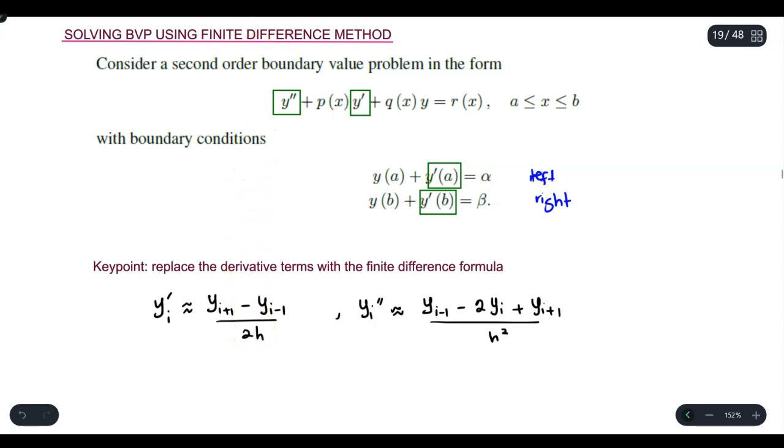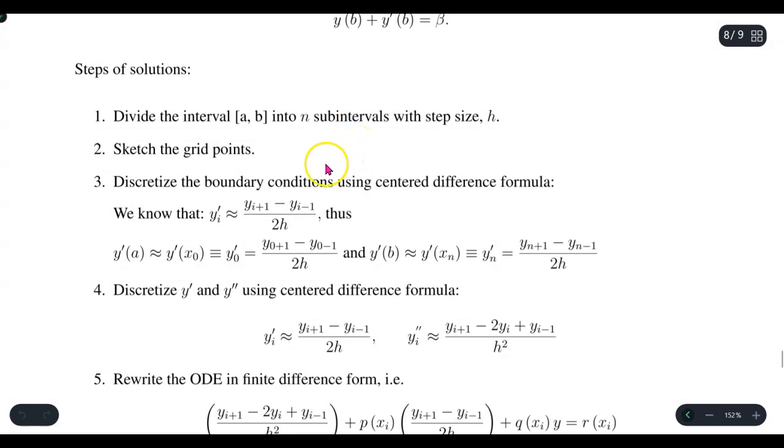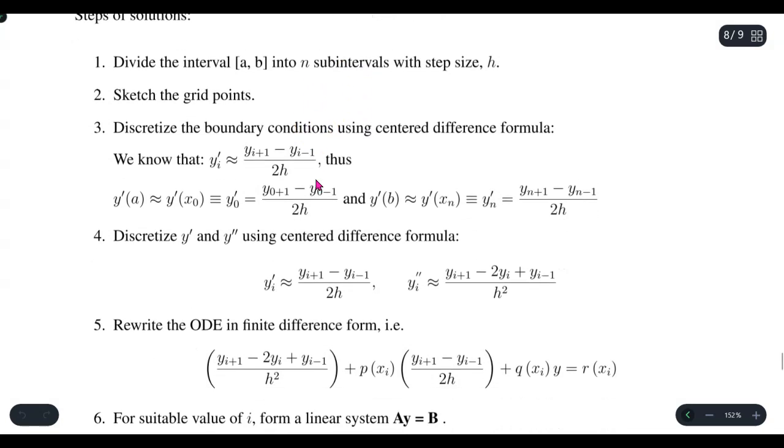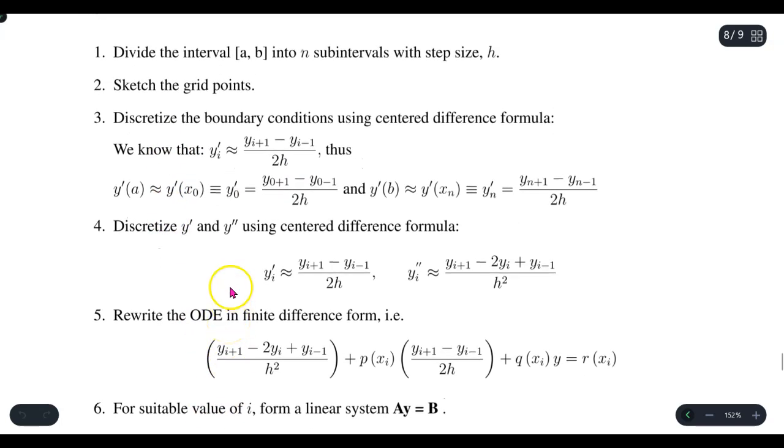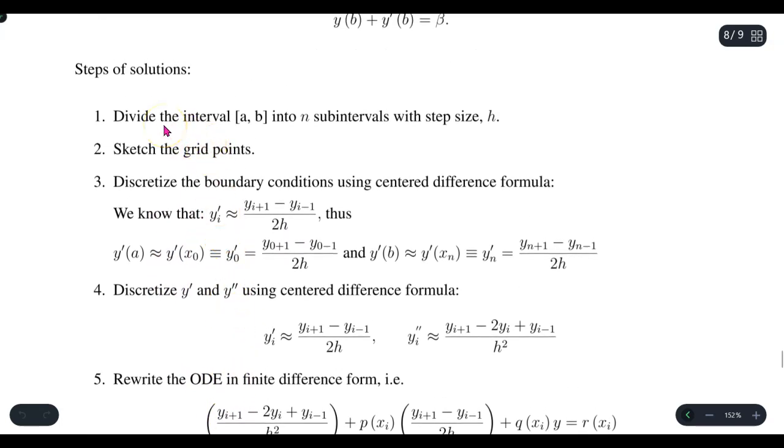And the procedure, steps of solution. Basically you have 1 to 7 here. All right, so the first step, we will divide our interval a and b into n subintervals, with a step size of h. And then we sketch the grid of solution. We discretize the boundary. Discretize here means you replace the derivative term in your boundary condition with the centered difference formula.